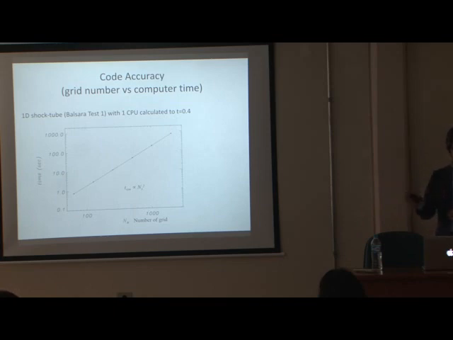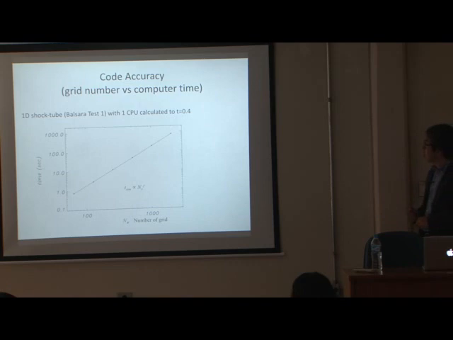If the number of grid cells becomes twice, we need to calculate for twice the number of cells. But in this case, delta x becomes smaller, which means delta t also becomes half. So the simulation time scales with the square.